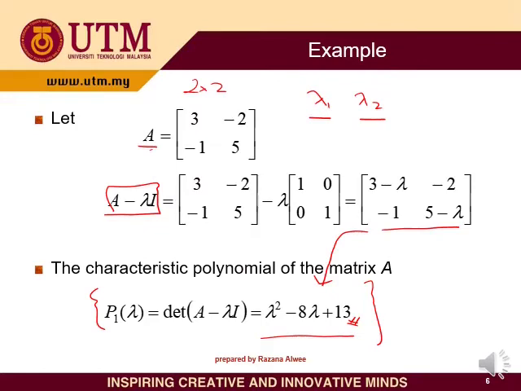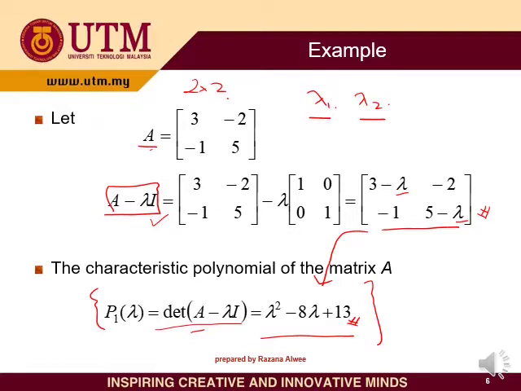If you look at your slides, you will see this equation. Actually, A is a 2 by 2 matrix, so you will have lambda 1 and lambda 2, two eigenvalues. Then you need to solve this equation, A minus lambda identity, so you will get this matrix here. In order to find the eigenvalues, you need to find the determinant using this equation.